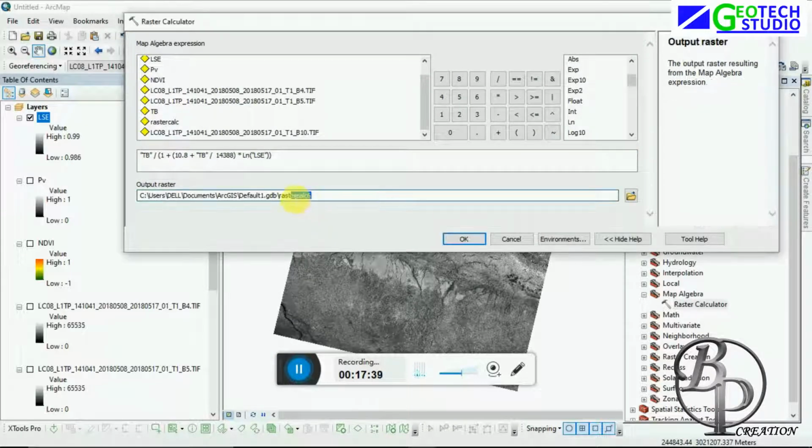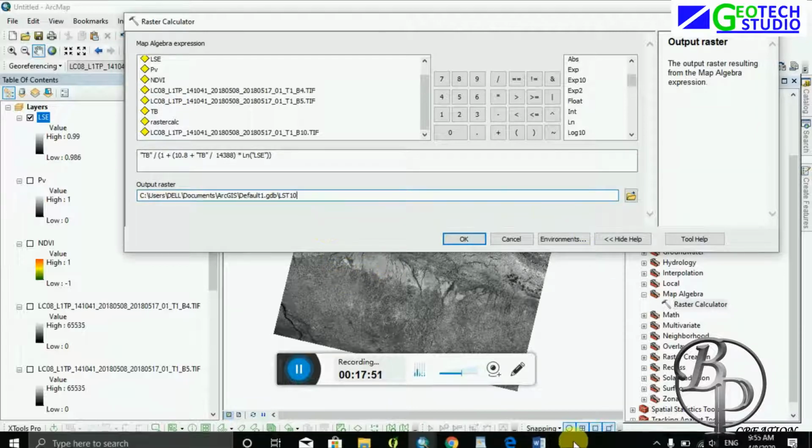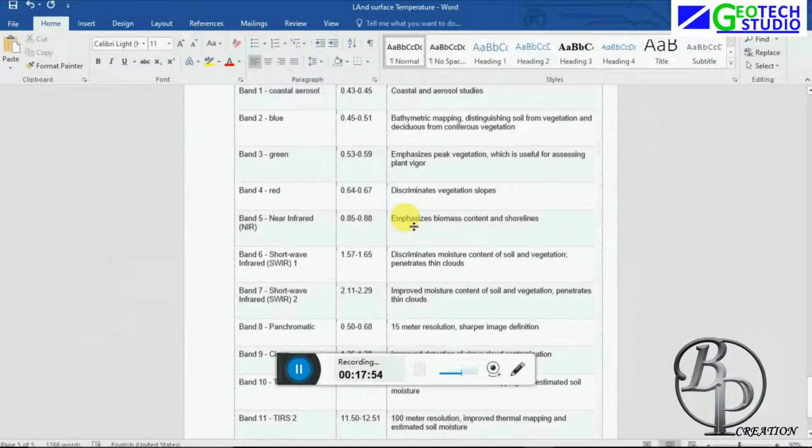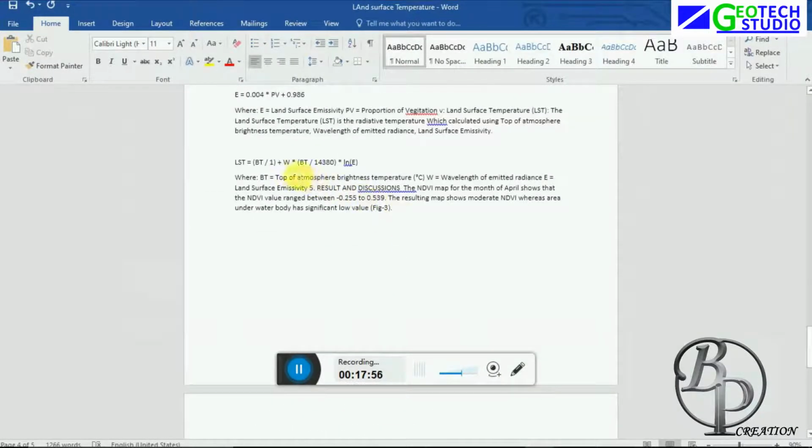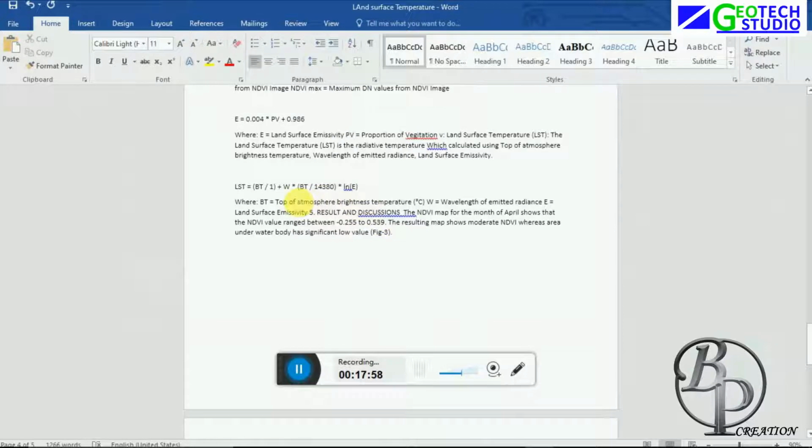And give it a name LST, that means land surface temperature, and I am giving it 10. As I have done it already, we can get an error of same name. And here it is the formula, but it has a little bit of error. I am gonna edit it. Look at it carefully, what I am gonna do on this formula.